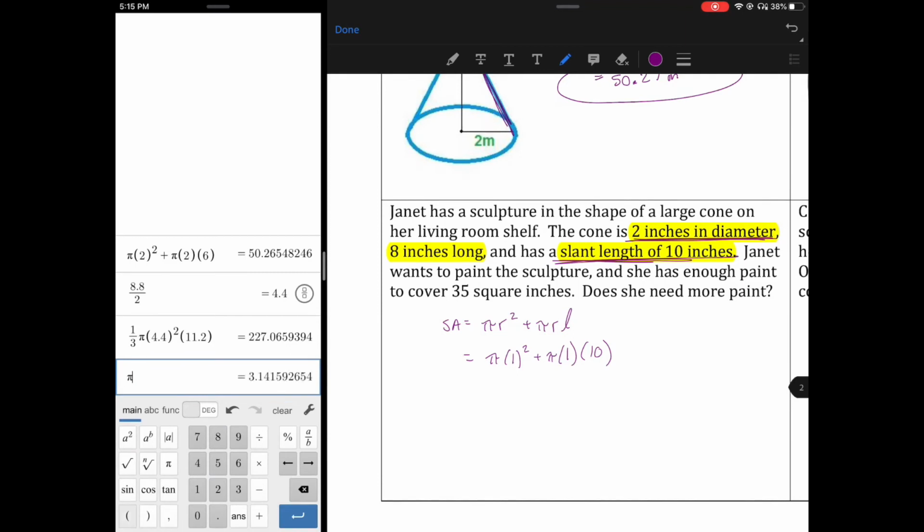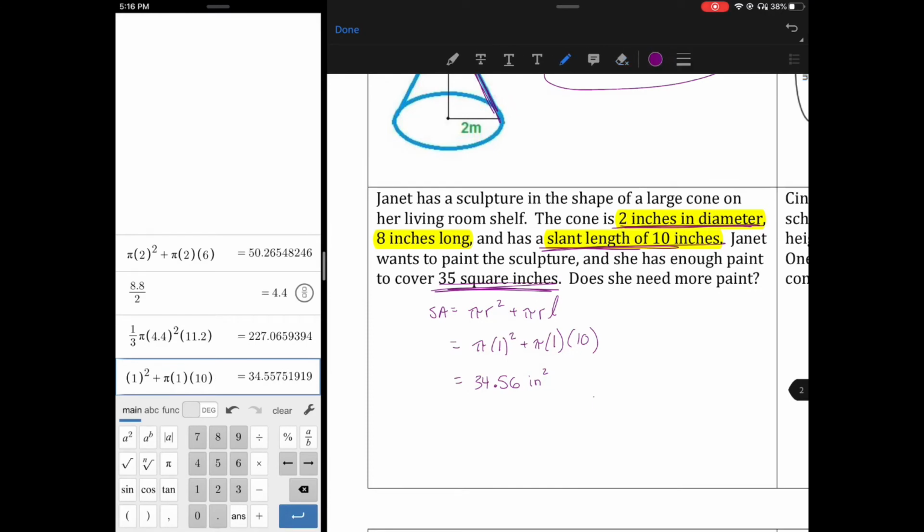So pi times your radius squared plus pi times your radius times your slant is 34.56 inches squared. If she has 35 square inches, no, she does not need more paint.